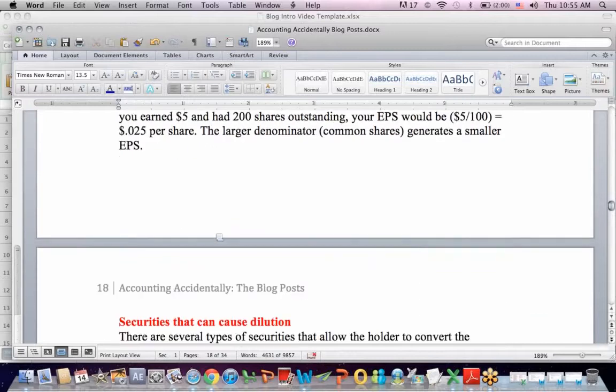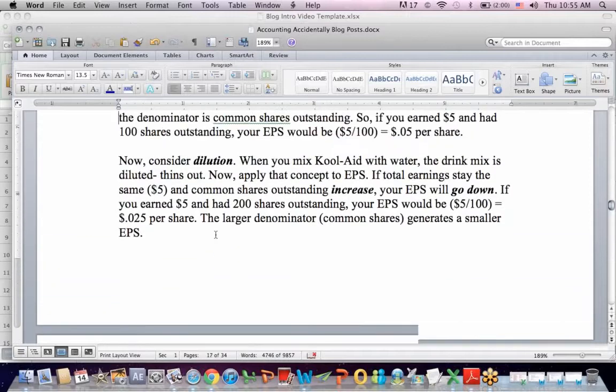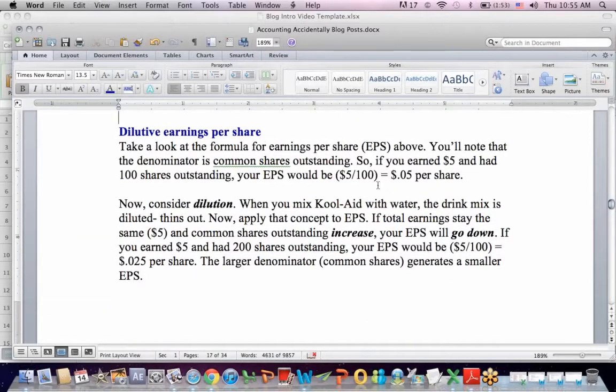So now we can move to dilutive earnings per share. If you take a look at the earnings per share formula above that I just did, you'll see that the denominator of that equation is common shares outstanding.